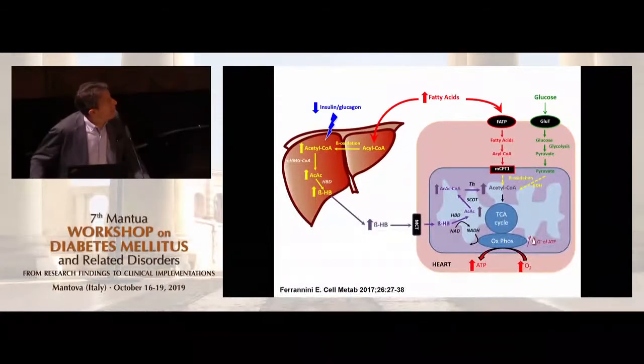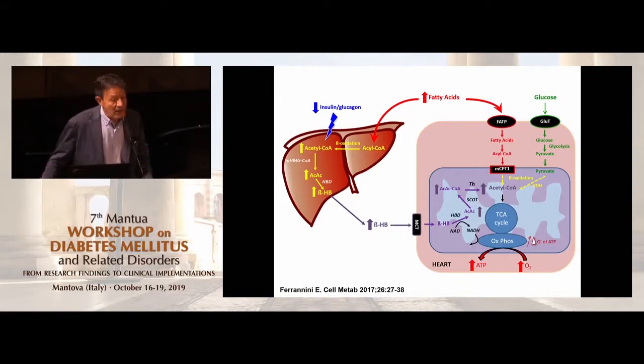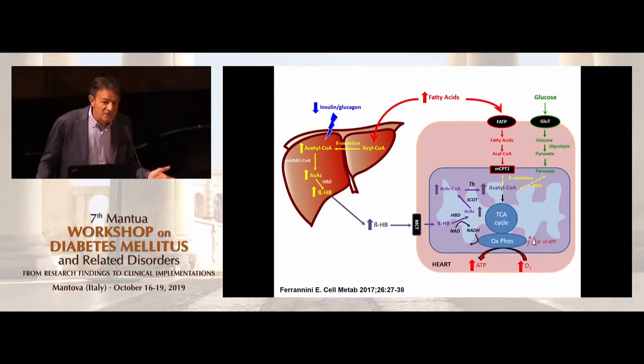So then, one target of this supply of beta-hydroxybutyrate is the myocardial cell, which can utilize, not indifferently, glucose or fatty acids to produce energy in the mitochondria, which is the power plant, with one important difference, that the utilization of glucose is gated because you need insulin to bring glucose into the cell.